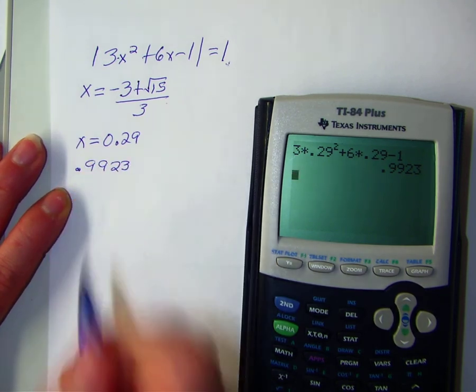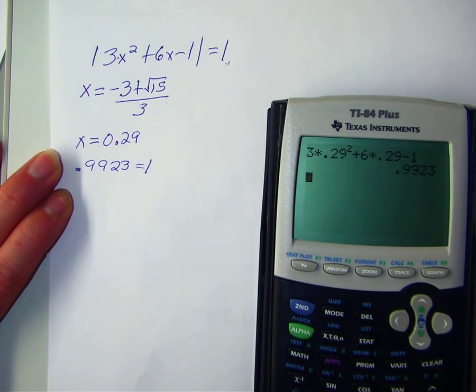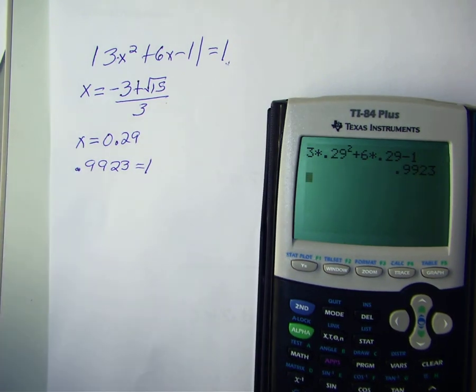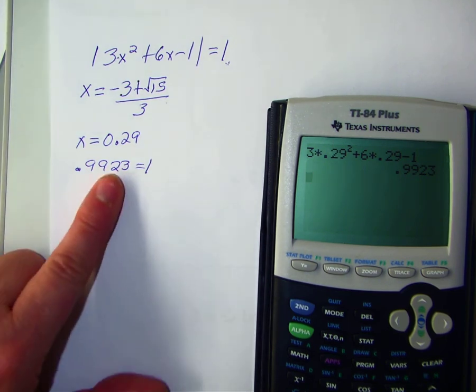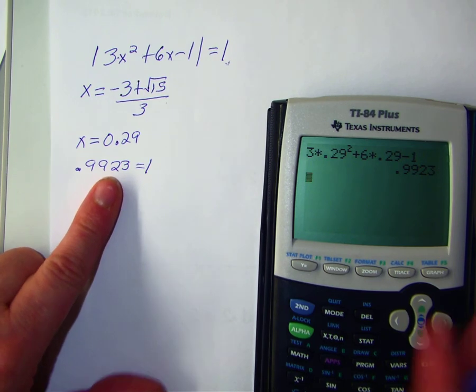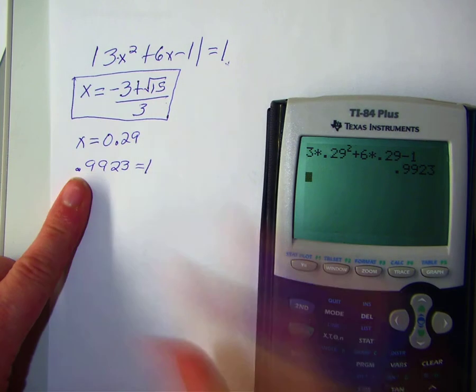And we knew that we had a rounding error to start off with. We were using a decimal approximation. And so our answer is going to have a rounding error. So is this pretty much 1? I'm going to say yes, it is. And so therefore, this is a real solution to the absolute value quadratic equation.